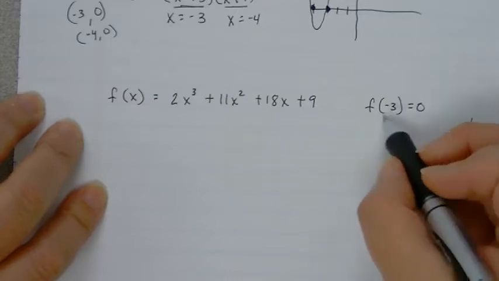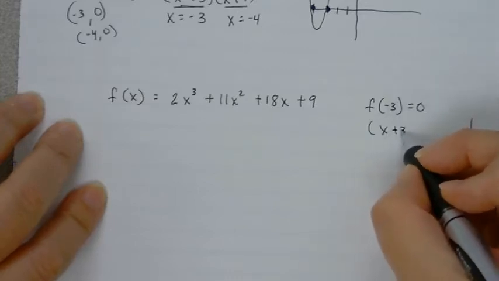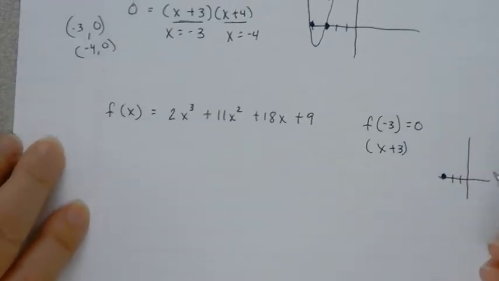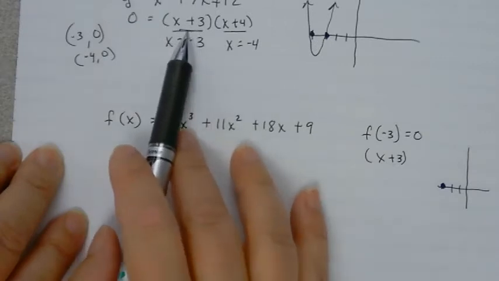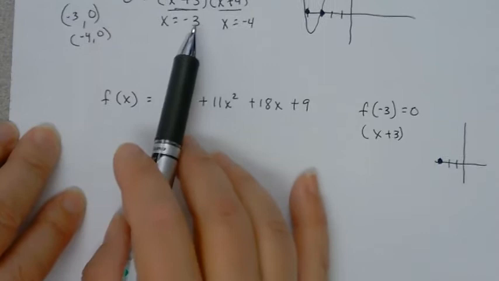I also know if -3 was a 0, then x plus 3 would have been the factor that gave me that 0. And we know that from when we did this problem up here.